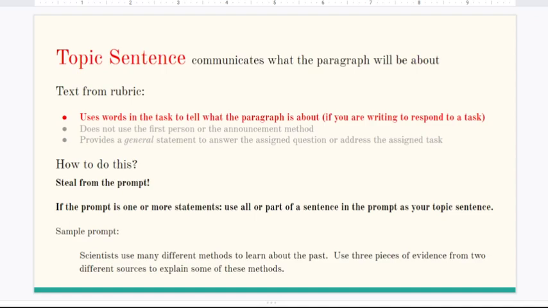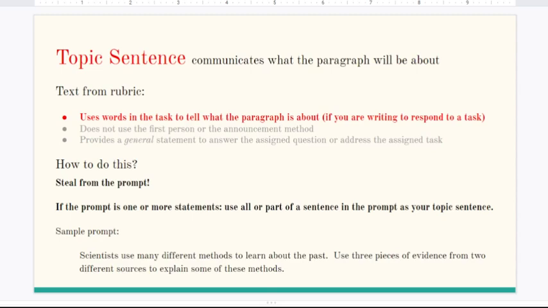And when the prompt is one or more statements, you should use all or part of a sentence in the prompt as your topic sentence. So, look at this example. The prompt says, scientists use many different methods to learn about the past. Use 3 pieces of evidence from 2 different sources to explain some of these methods.